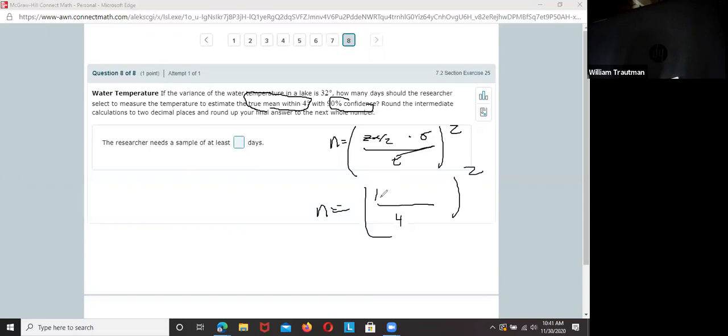Yeah, the Z alpha was 1.64 for 90% on my calculator. And then the standard deviation. Now be careful, because this one asks, we need the standard deviation.